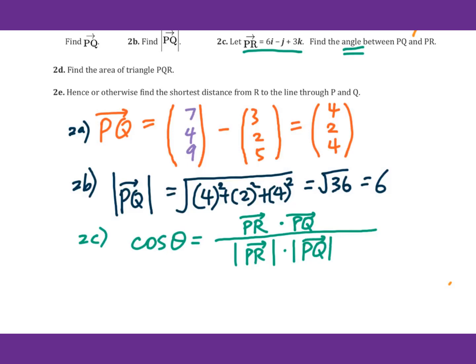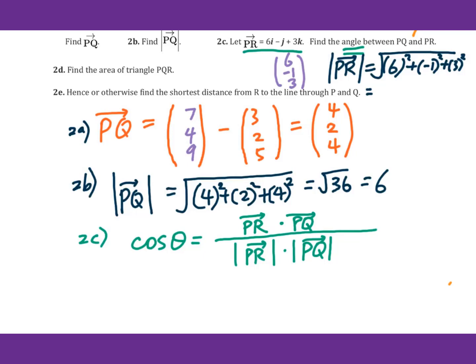For vector PR, we can write down 6, -1, 3. Therefore, the magnitude of PR is the square root of 6 squared plus -1 squared plus 3 squared. You will get the square root of 46.